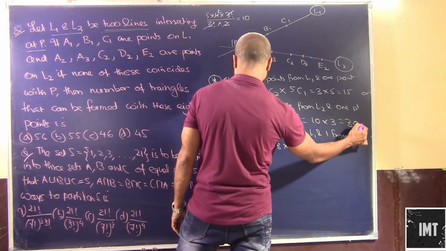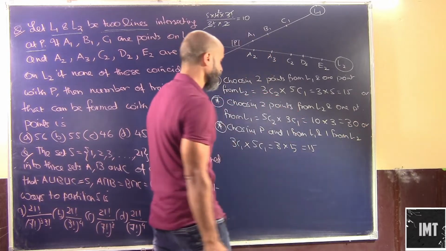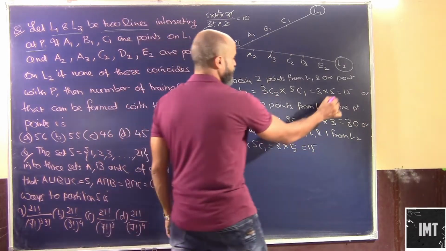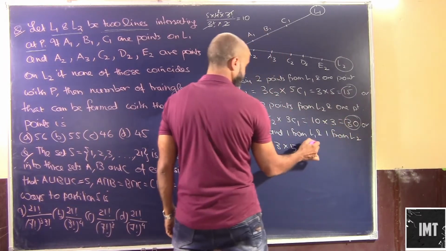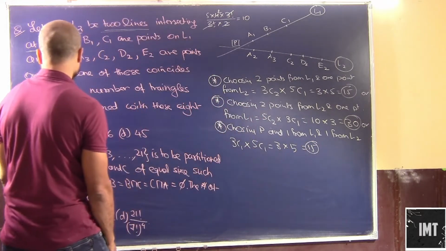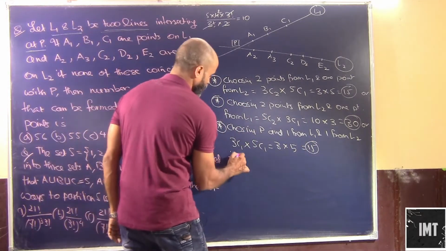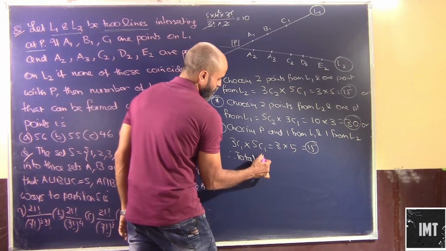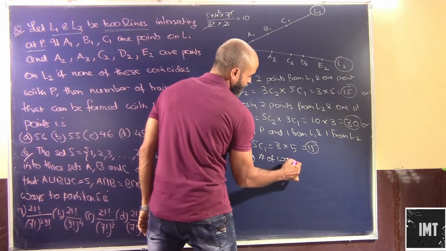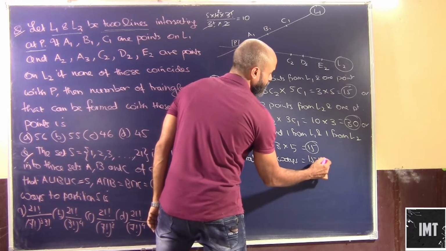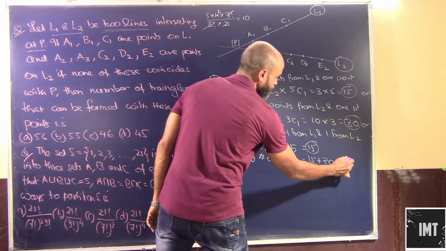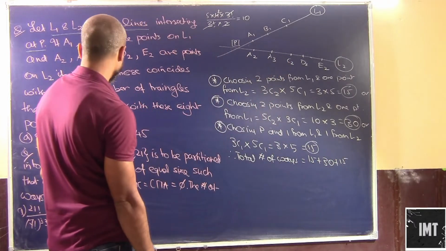Now all these are basically OR cases. So we get 15, 30 and then we have 15. Therefore the total number of ways in which this is possible is 15 plus 30 plus 15. So that will be 60.